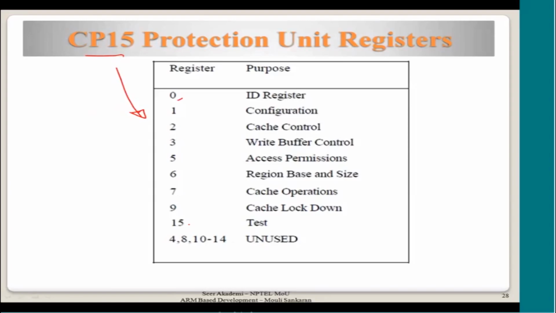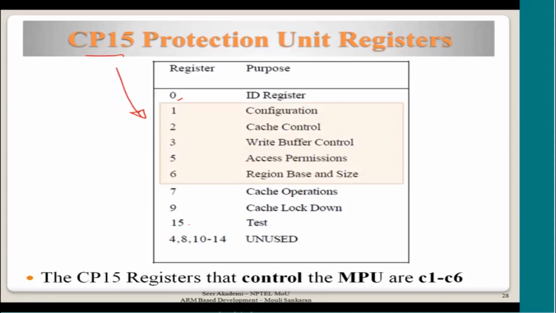They will be varying from this, and for different purposes each of them is given different functionalities. When you write into this, it is controlling the configuration of the system. So that's the way the hardware is designed. If you write into this, it controls the cache controller. If you write into this, it controls the write buffer.